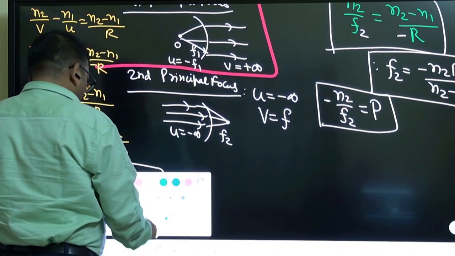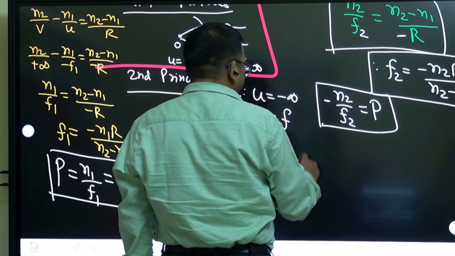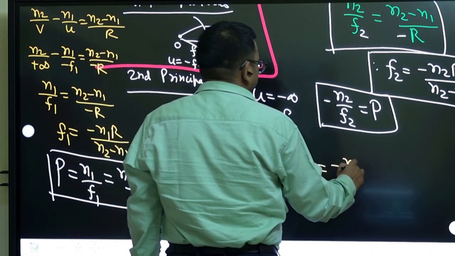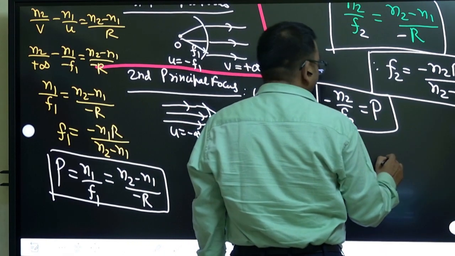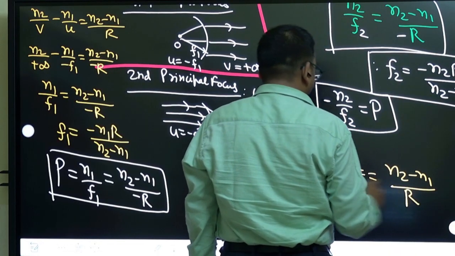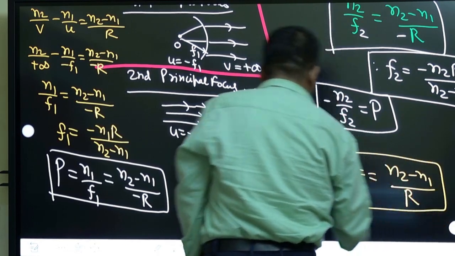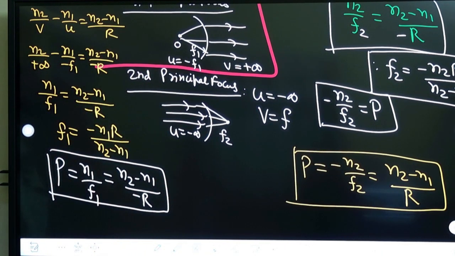Check that, they are not going to be the same, right? If I define power this way, this is minus N2 by F2, which is going to give us N2 minus N1 by R. This power we are defining like this way. Here, how are we defining this power? Let me check whether the definition of power is correct or not.